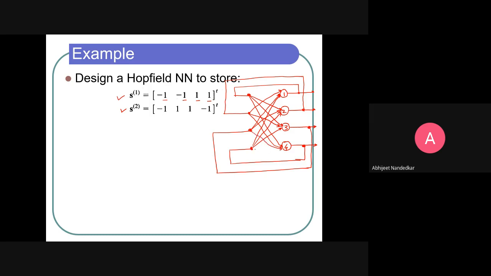There is no connection from, say, this node to the fourth node itself. You just skip that.